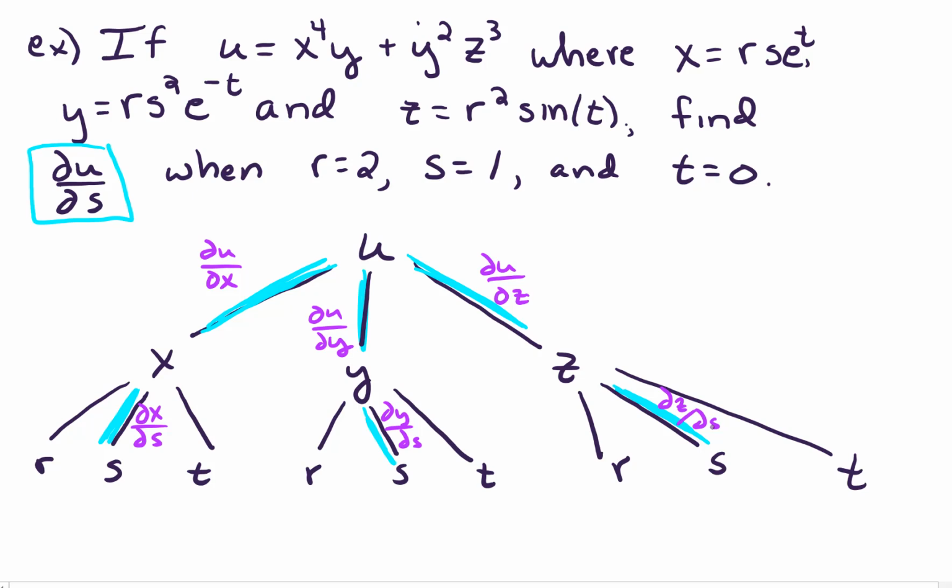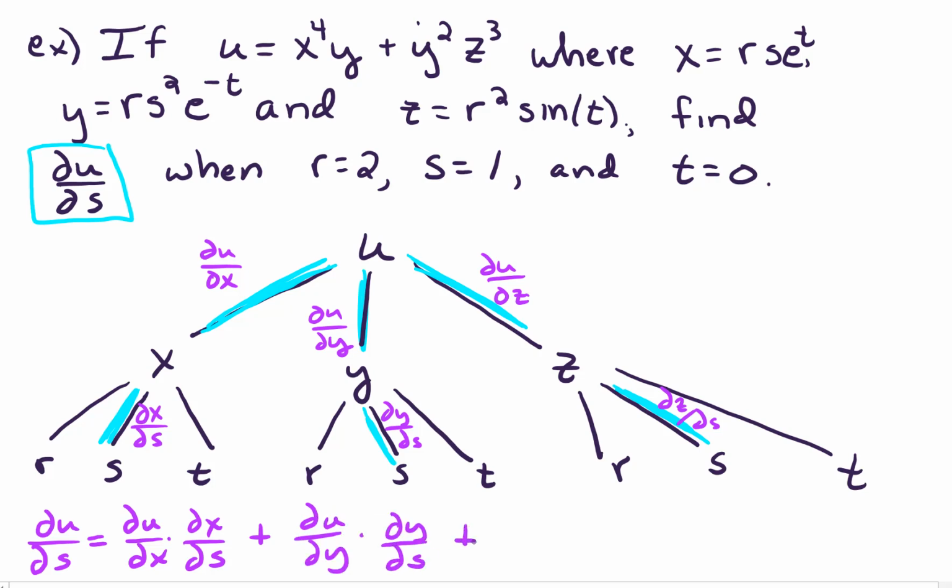And this gives us the formula for the chain rule, which would be du ds equals, multiplying down the branches, du dx times dx ds plus du dy times dy ds plus du dz times dz ds.